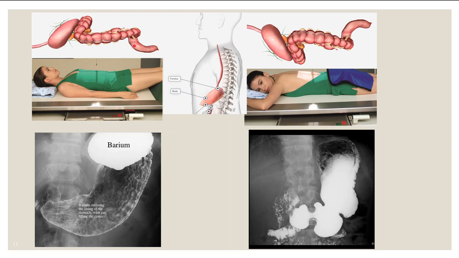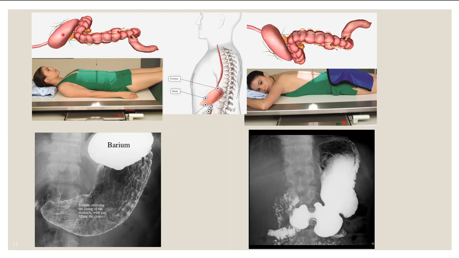So I've positioned this anatomy in a supine position so that we can see that if the stomach had liquid in it, such as barium, that liquid would be settling in the fundus part of the stomach. And then gas would rise up toward the body and pyloric portion of the stomach.